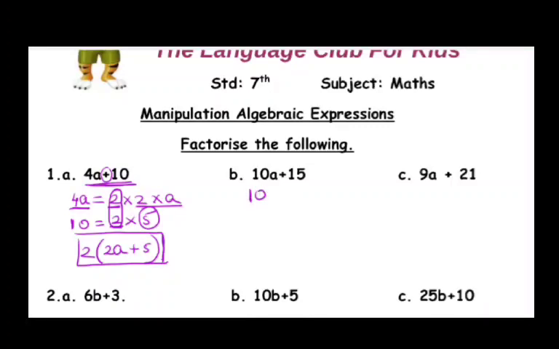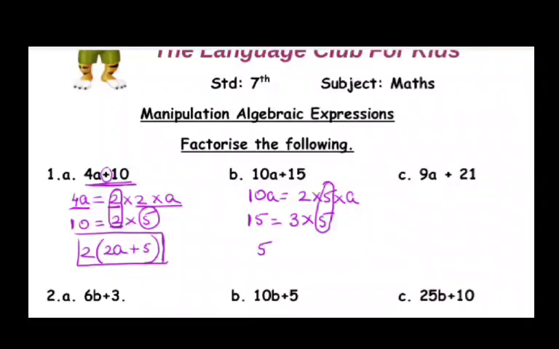We take the first term. We break it down into its prime numbers. We take the second term. 15 is equal to 3 into 5. The common term out here is 5.